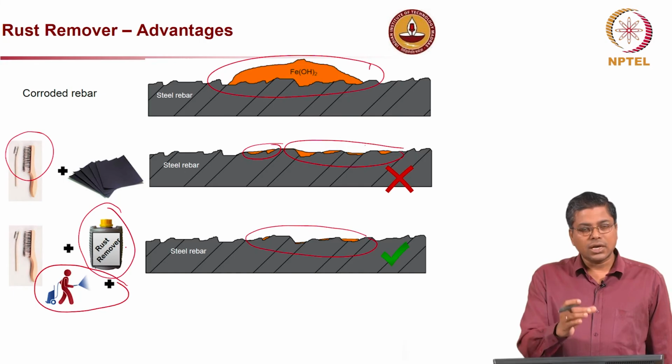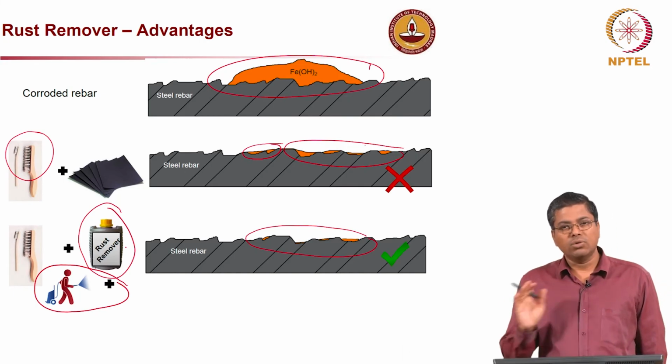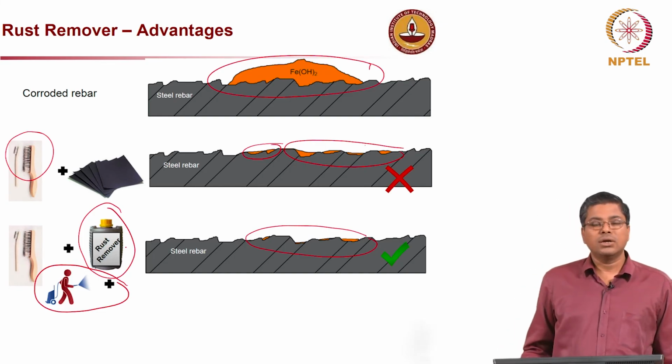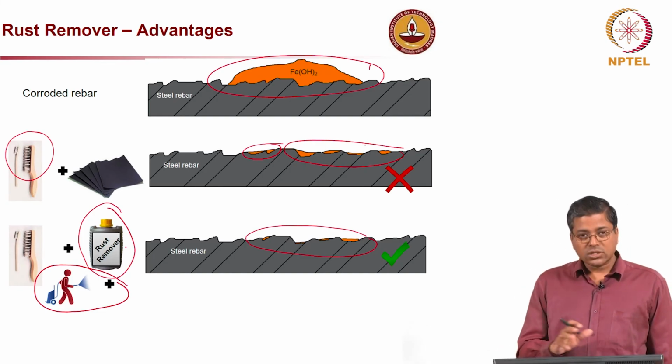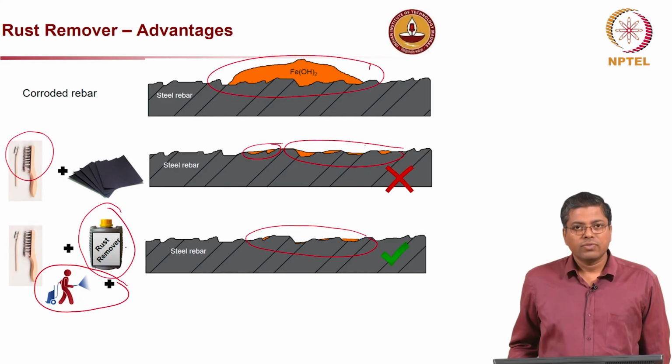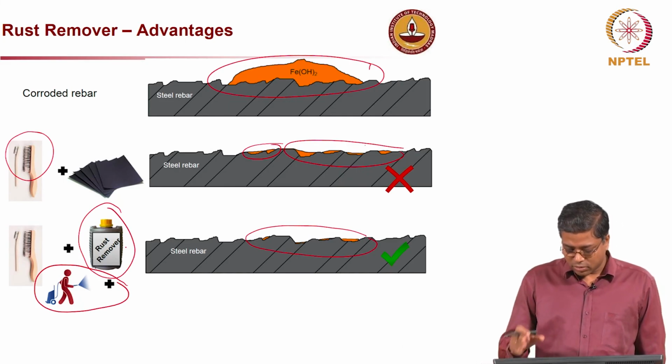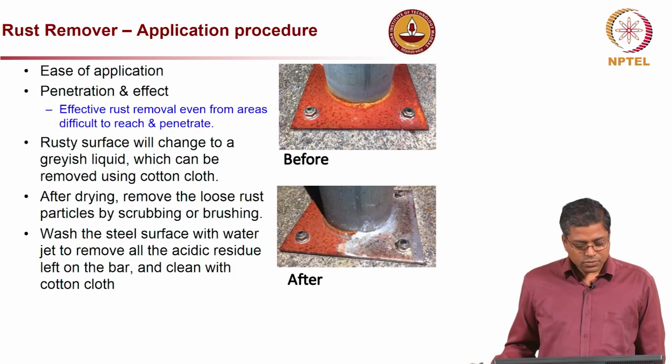In such a case, get a small bottle of rust remover and use it, that might work better. So the engineers have to make the judgment on which tool or application is good for the specific application.